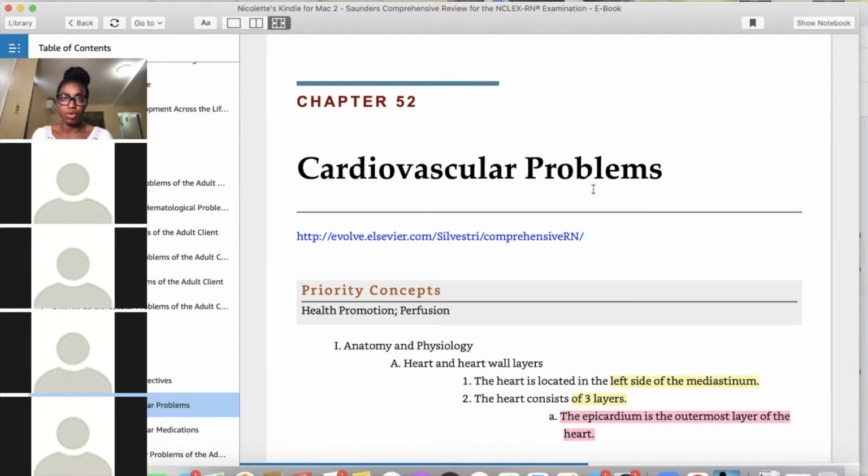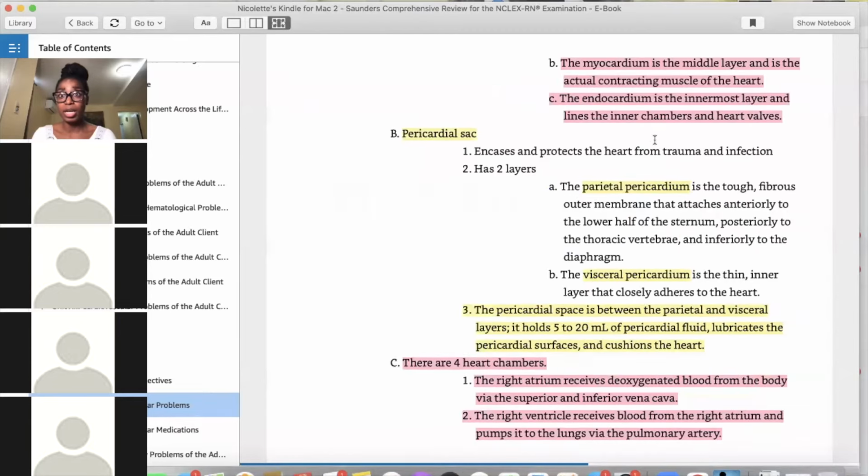If you know Latin or the origin of words, they'll have that epi. So epidermis, epicardium. This is the outermost layer of the heart. Then we have the myocardium, which is the middle layer of the heart. You could think of the muscle, because that's what it is. The heart contracts because of the myocardium.